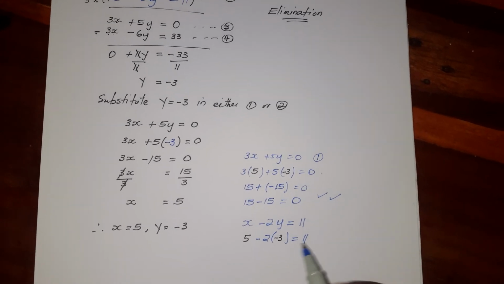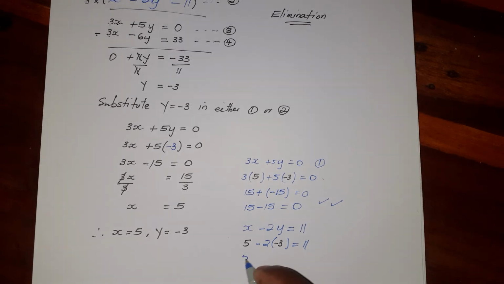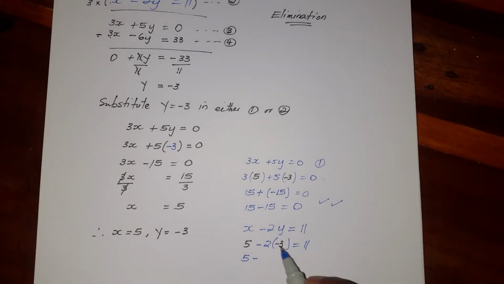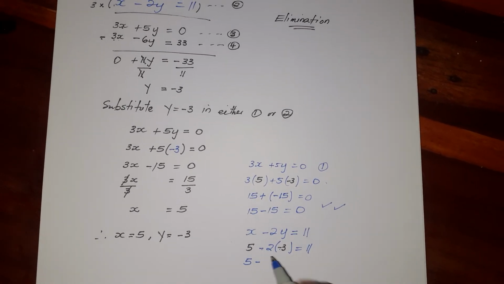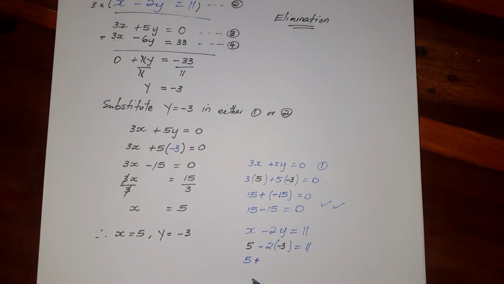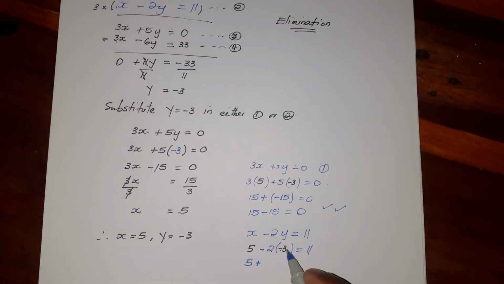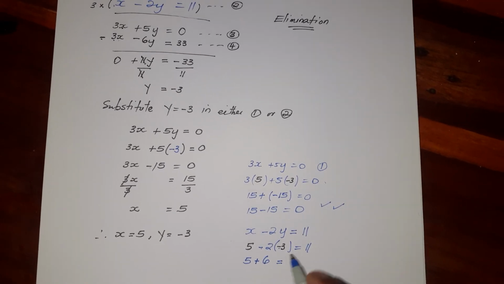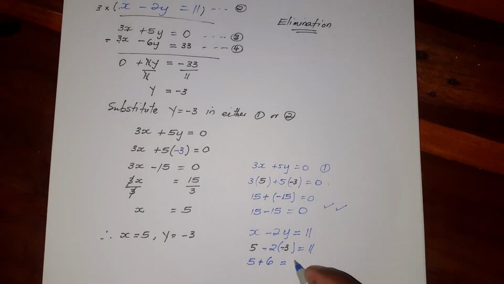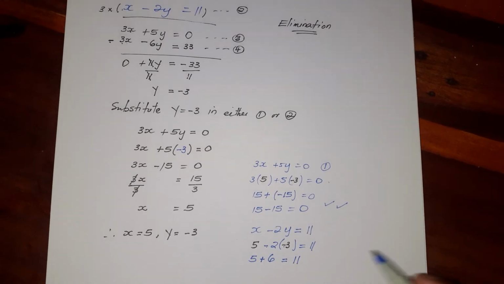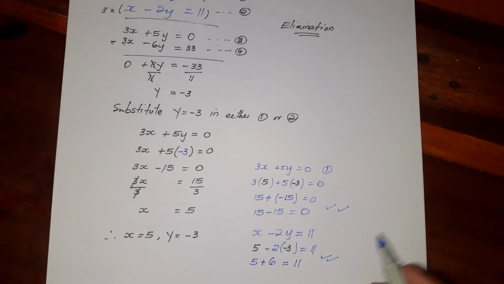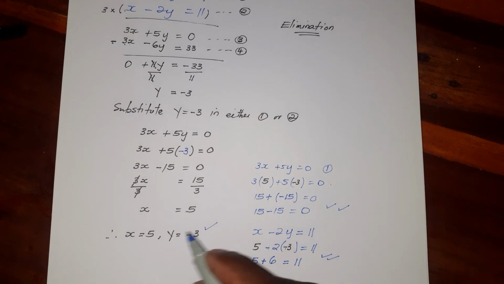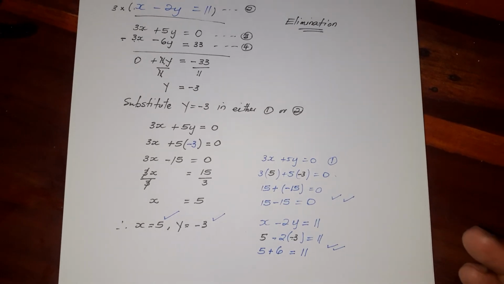Let's see if we are getting 11. We have 5 here minus this negative, and that negative becomes positive. 2 times 3 equals 6. 5 plus 6 is indeed positive 11. That is also fine. That means that our two answers are correct.